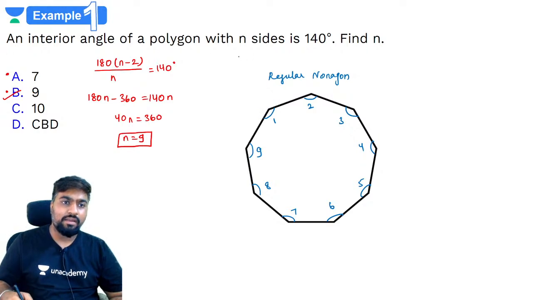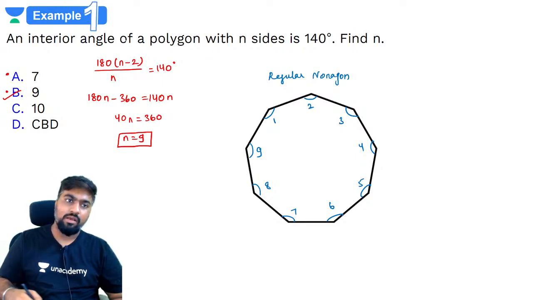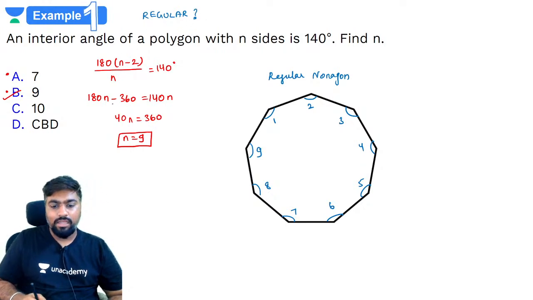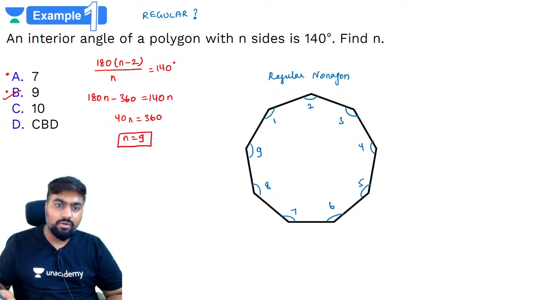Now I have a question. Does anywhere in the question does it say that the sides are equal or the angles are equal, or does it use the word regular anywhere in the question? So a regular nonagon could be like this.